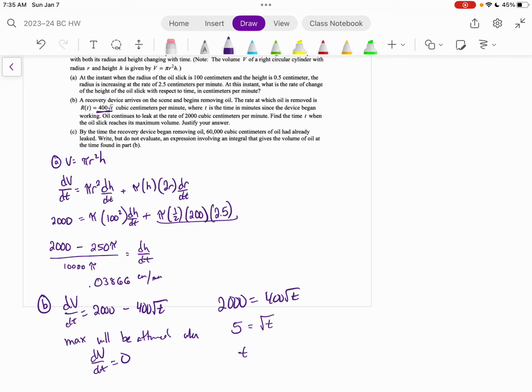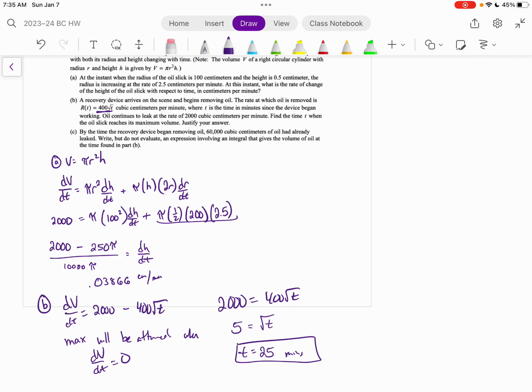So of course t is just 25. Let's see if that makes sense. At t equals 25, our r of t would be 2000. So in 25 minutes this thing would reach its maximum volume. And again, that's because r of t starts at 0 and goes up infinitely; 400 root t is never bounded above. So at some point it's got to be 2000, a little intermediate value theorem there. So you know it has to be 2000 at some point, and that occurs at 25 minutes.